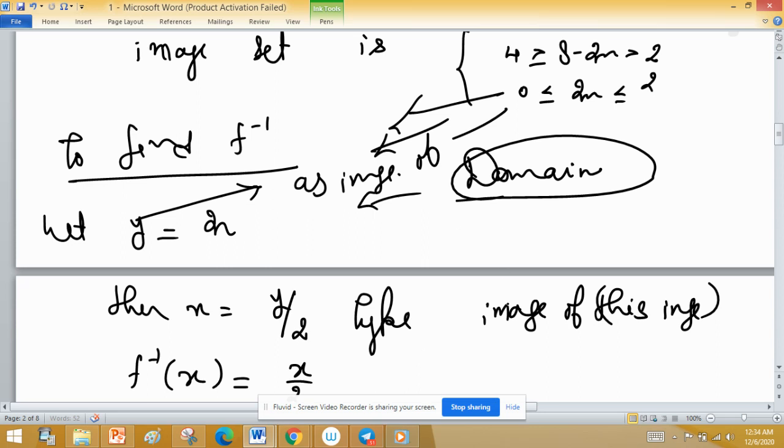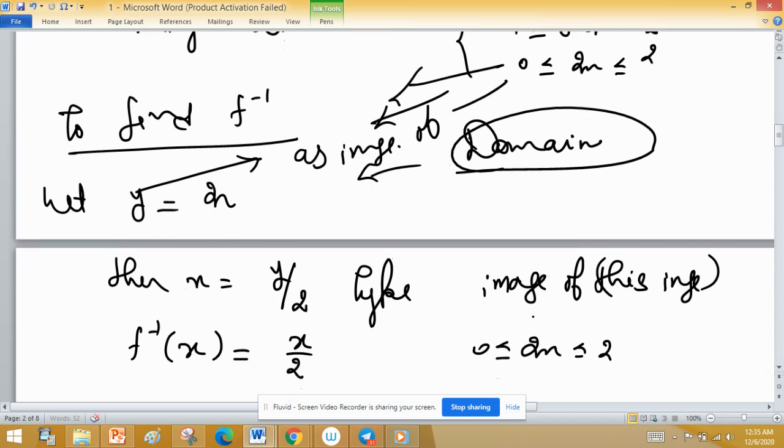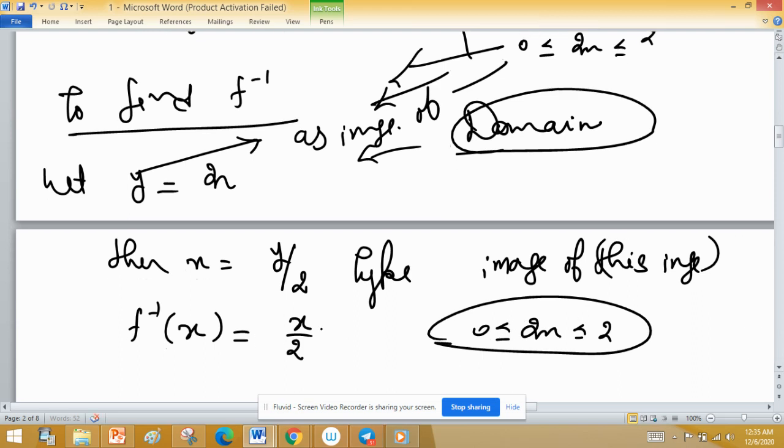So this image is 2x, less than or equal to 2 and greater than or equal to 0. This is the image set or inequality we obtained, and so this x is coming from the closed interval 0 to 2. This inequality can be written as closed interval 0 to 2. So x is coming from 0 comma 2.